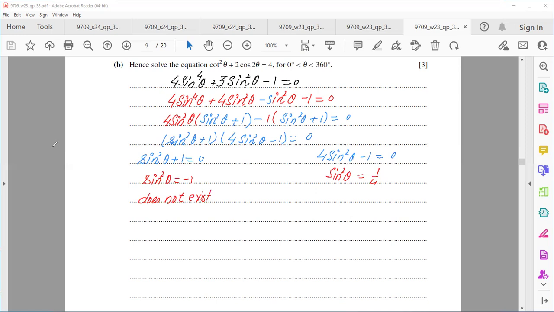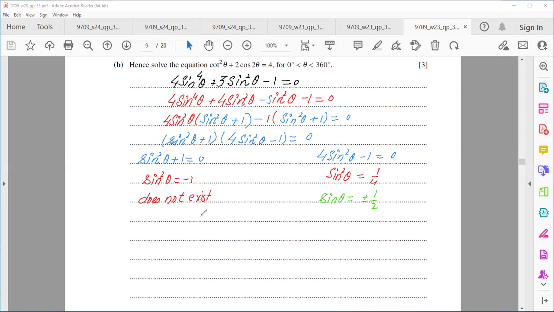Now we have to solve the second part of the question. I will get sine of theta equal to plus minus 1 by 2. Now there are two equations. You have to solve both the equations one by one with the black color.